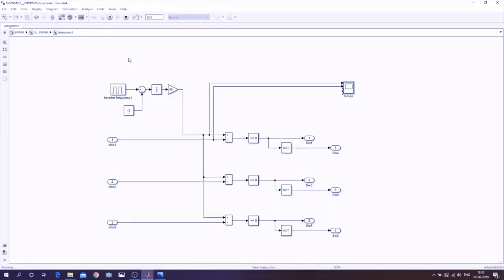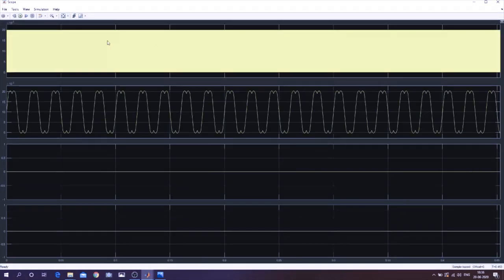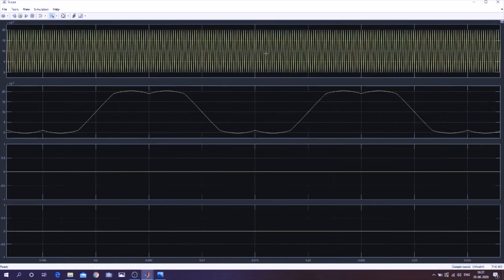So let us check. Yes. We'll take 2 cycles. You see I have created the sine wave so that it matches with 0 to 20 millisecond.